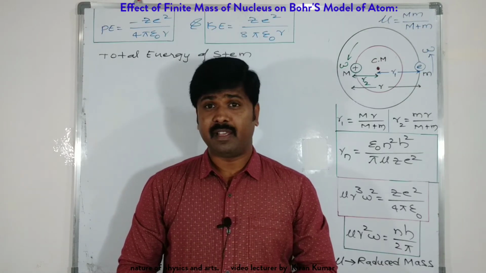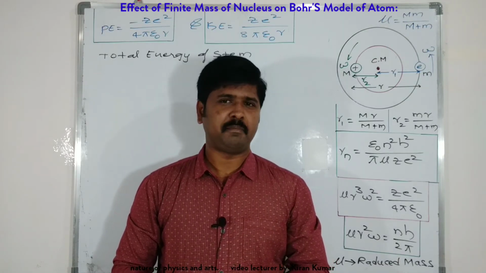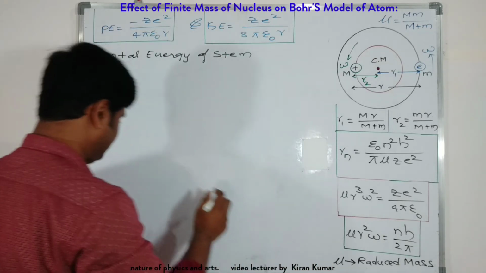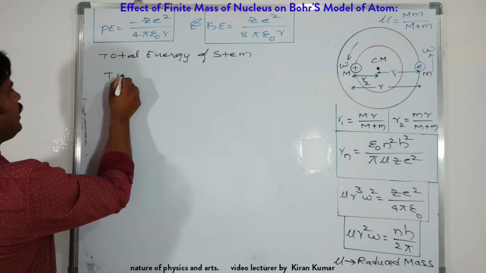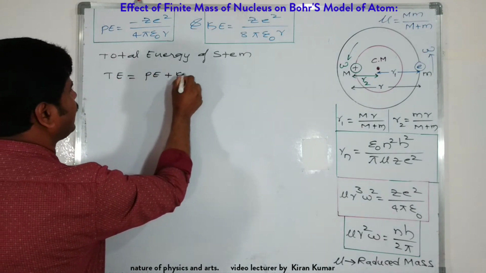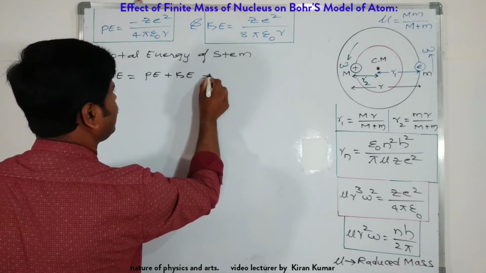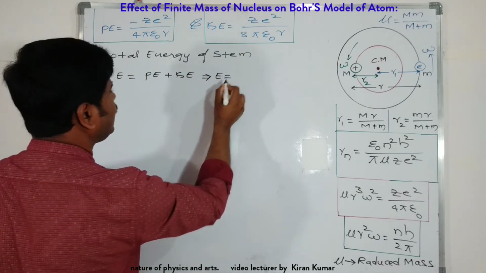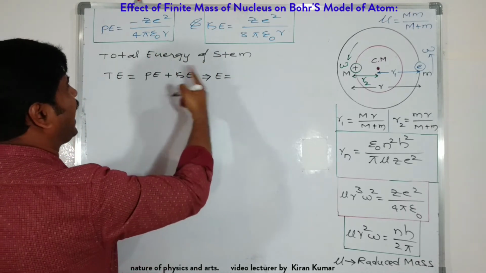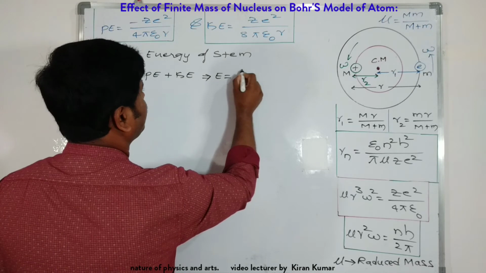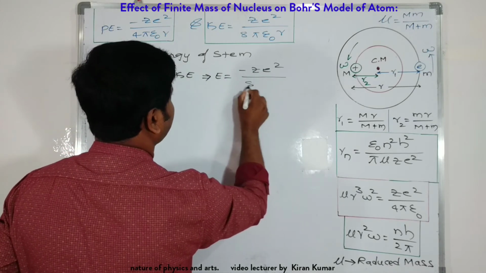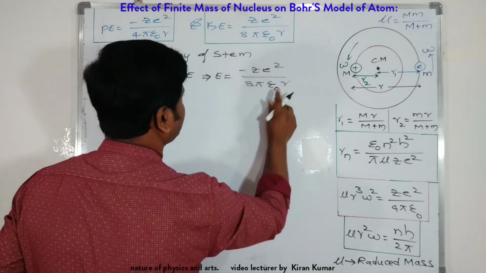Now the total energy of the system is the sum of the potential energy and kinetic energy. So total energy E is equal to potential energy plus kinetic energy added, we will get minus Z e square divided by 8 pi epsilon naught into r.